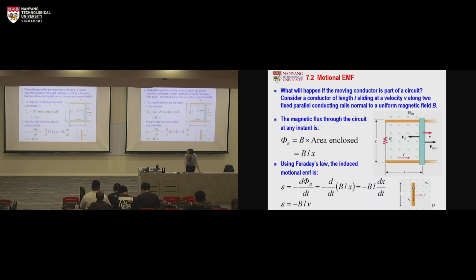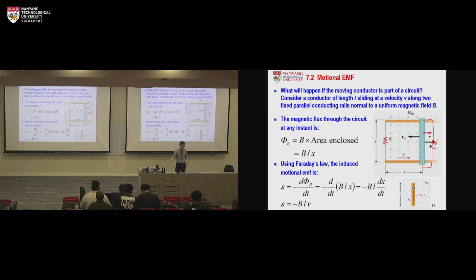And like in this case, there is already a potential difference between these two, so effectively you can consider this moving conductor as kind of battery, which can supply a potential difference.